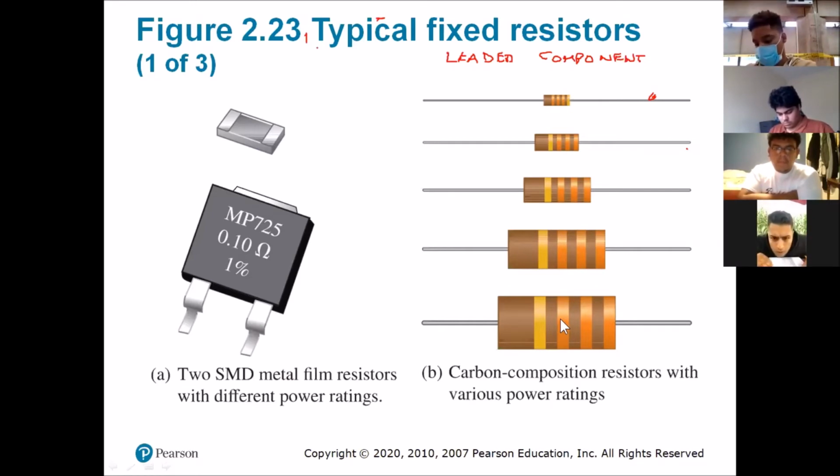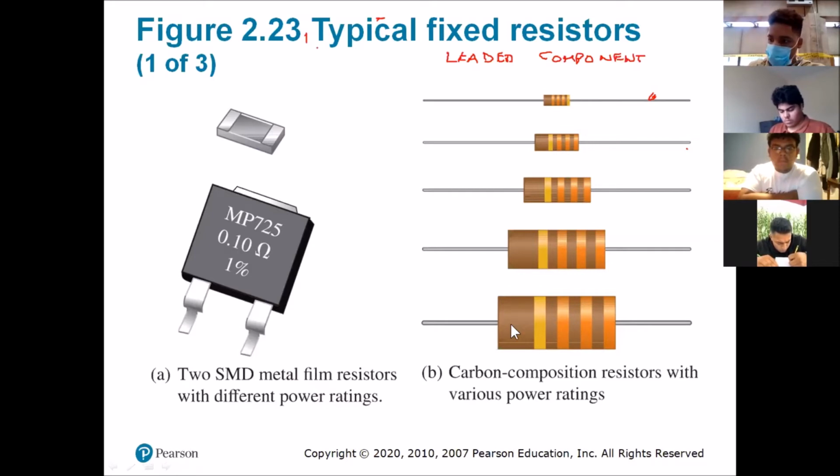What does the color code tell us? The same. It tells us the resistance, which would mean that if these are all orange, orange, orange, gold, they're all the same number of ohms of resistance. The difference is the amount of power that they can, what they call, dissipate.